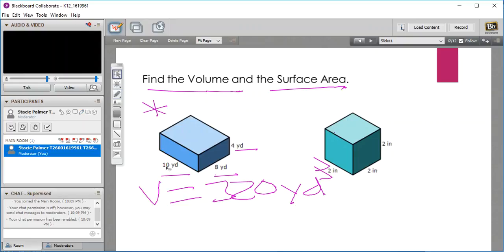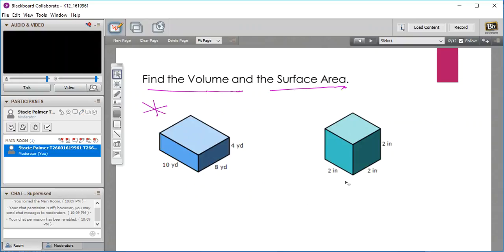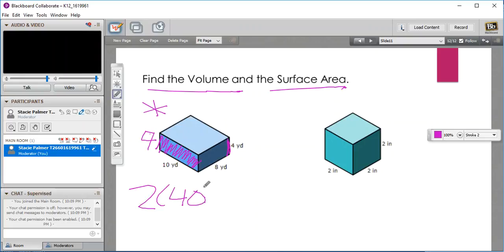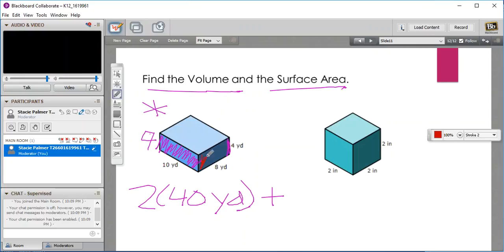The next thing we want to do is find the surface area. Let's find this face first. We know that the length is 10 and the height is 4, so 4 times 10 is 40. We're going to have 2 of those, so 2 times 40 yards, plus. Now let's find this one right here.